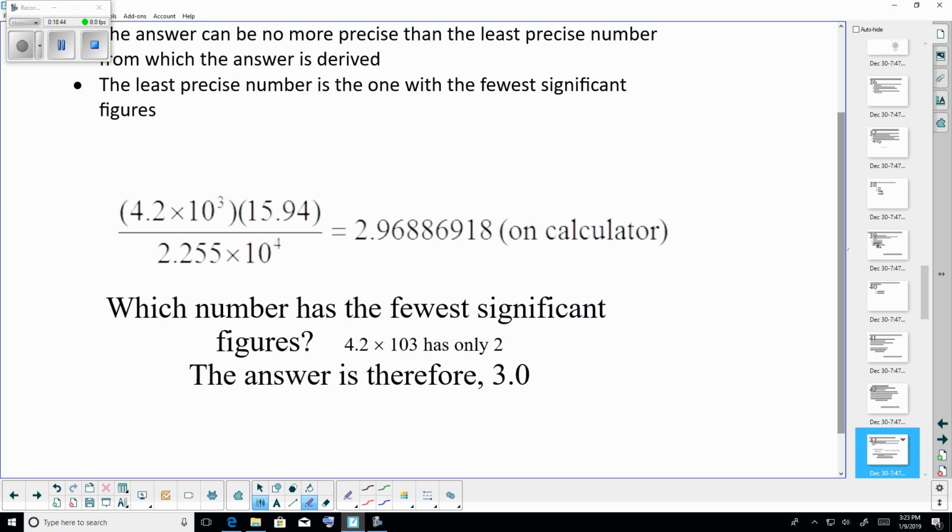Do not put that answer down. How many significant figures here? 2. How many here? How many here? 4. The answer can't have any more than 2 significant figures. So you have to make this 2. So 2, 9. This is a 6, so I have to round the 9 up. It becomes 3.0.